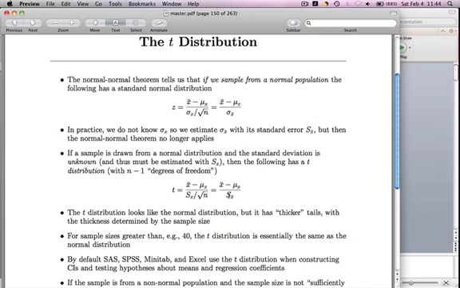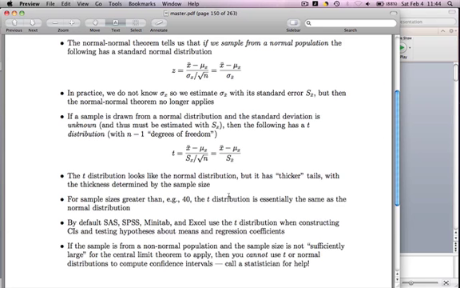All right, so a couple points with this. For sample sizes bigger than 40, the t-distribution and the z distribution will be about the same. So it doesn't really matter. So if you have large sample sizes, don't worry about whether you're using a t or a z, because they're going to tell you about the same thing.